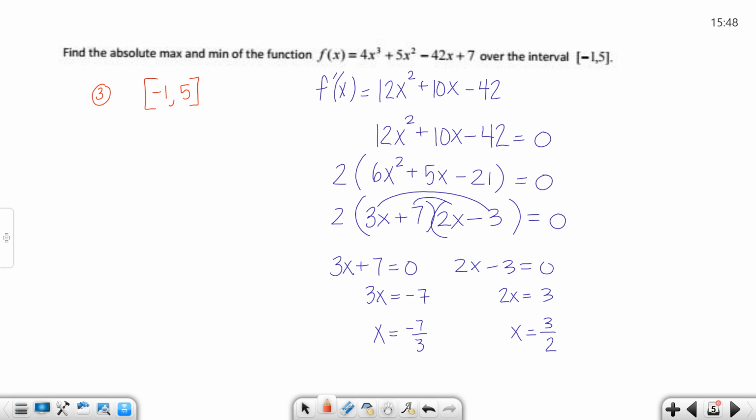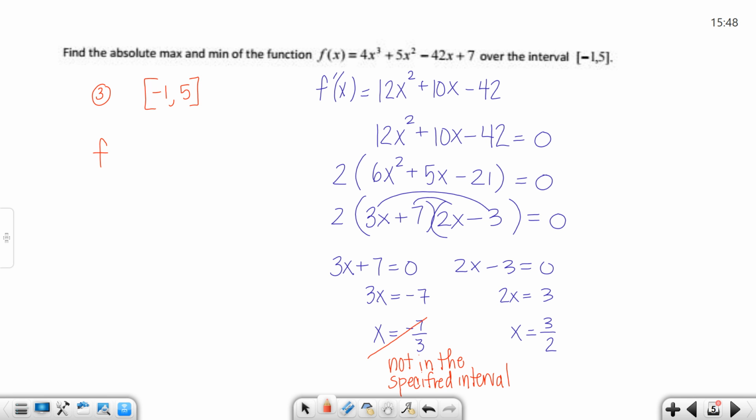What I notice about negative 7/3, if you wrote that as a decimal, that's a little bit less than -2. So this one is not in the interval. Since this is not in the specified interval, we don't have to use it. We do have to use the 3/2.